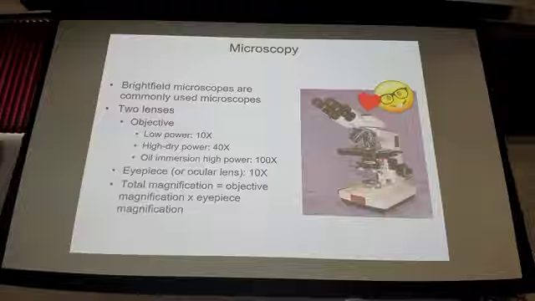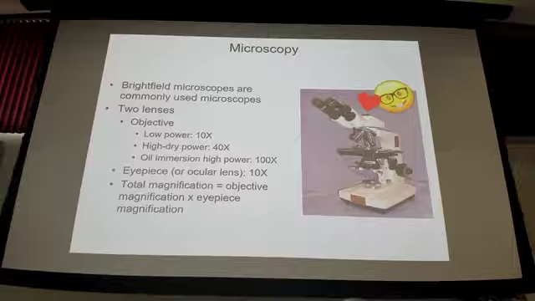And then in terms of the magnification, you're not going to get a whole lot from these microscopes, but you've got different objectives here that if you rotate these objectives, you can change the level of magnification. On the lower end, usually you get like a 10x objective for magnification. Next up is usually 40x. And then the very highest that you can get with a bright field microscope is about 100x.